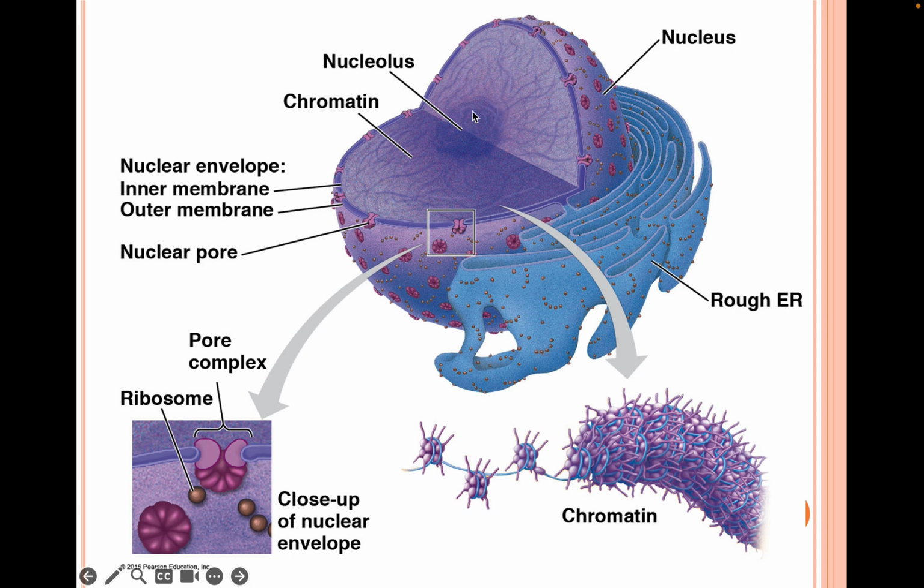And then there's a dark spot on the nucleus called the nucleolus. These little sea urchin looking structures are the nuclear pores, little holes that can open up to allow mRNA to exit the nucleus.